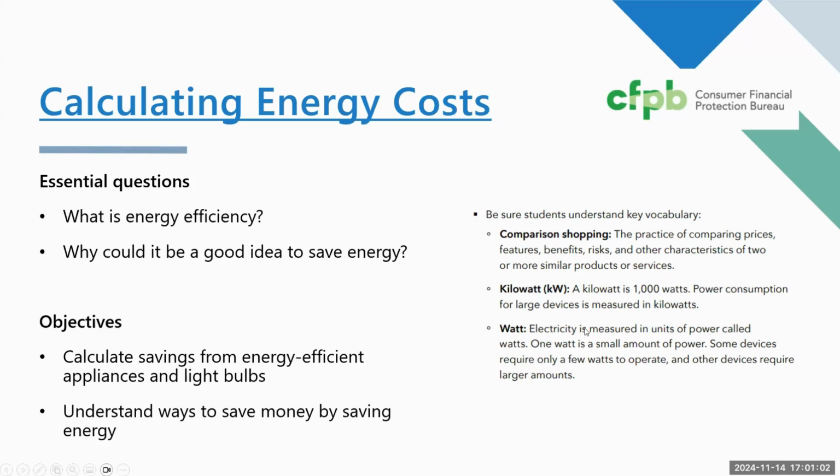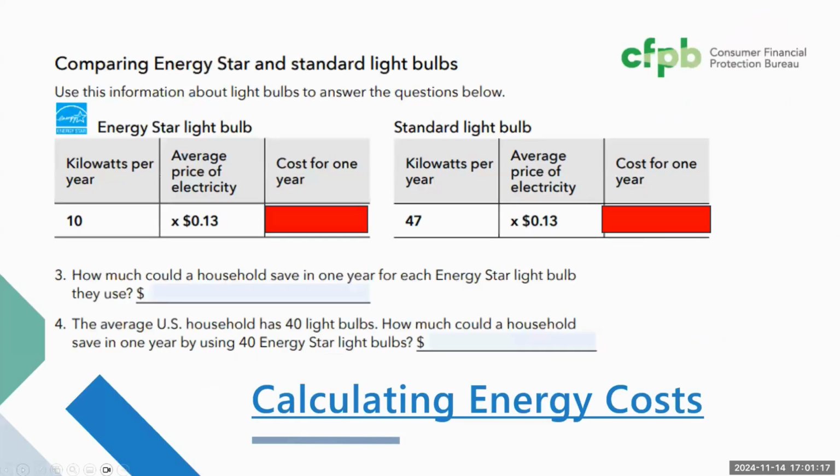So they'll give you the key vocabulary. They want to make sure you know that we measure electricity in watts, and we pay by the kilowatt. So that's how it is added and calculated.